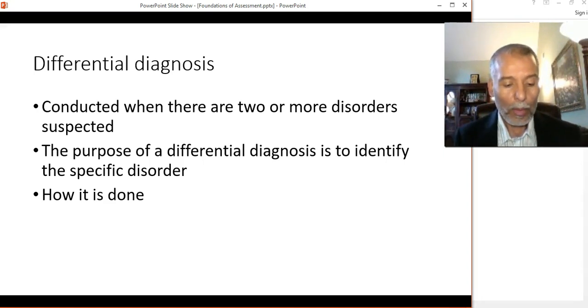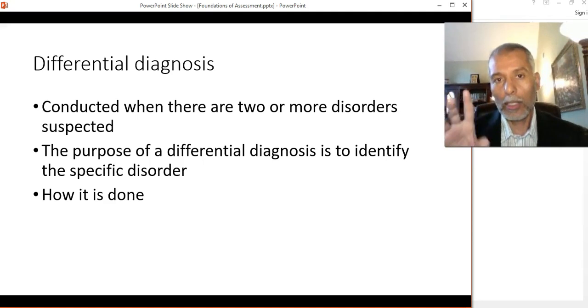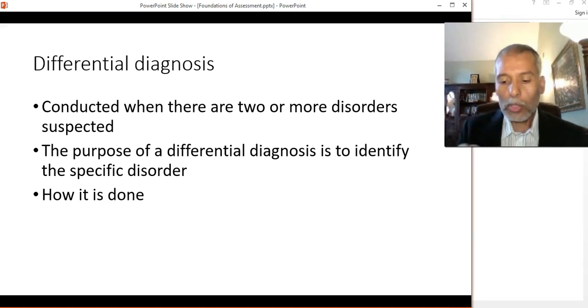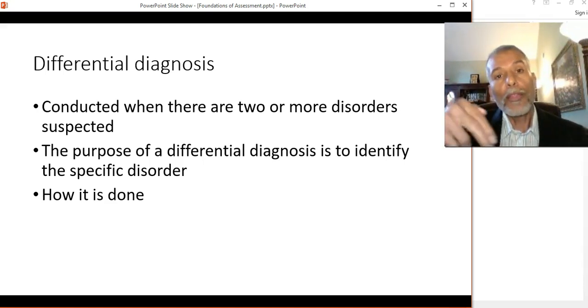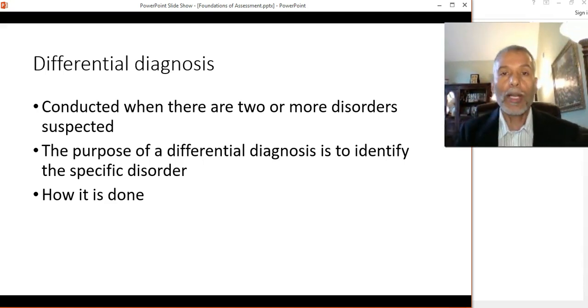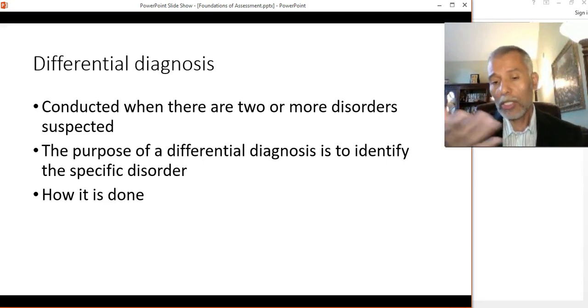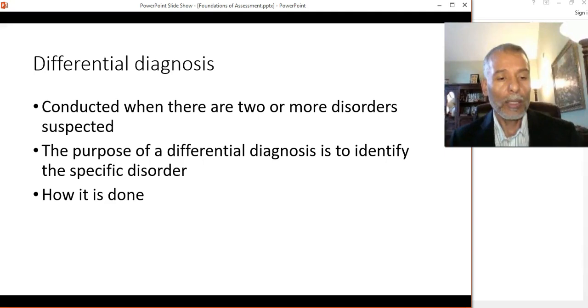In that case, the diagnosis is clear and you don't worry. It's a single situation and there are no suspected disorders that could be confused with the language disorder that you have identified. But if someone comes and says, this child has difficulty understanding when she reads, she cannot comprehend.